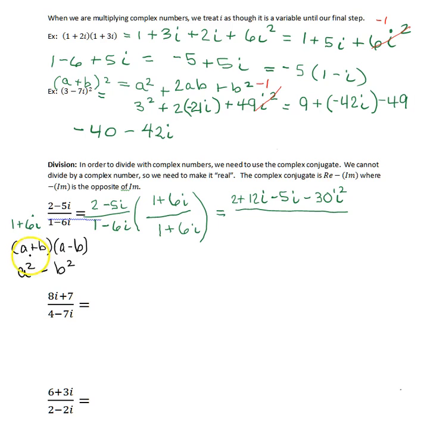This middle part, the ab and the negative ab, cancel out. So that goes to 0, which is why we can do this step. So I'm going to go back and just plug this in. So now I've got 1, and I'm going to have a negative 36i squared.